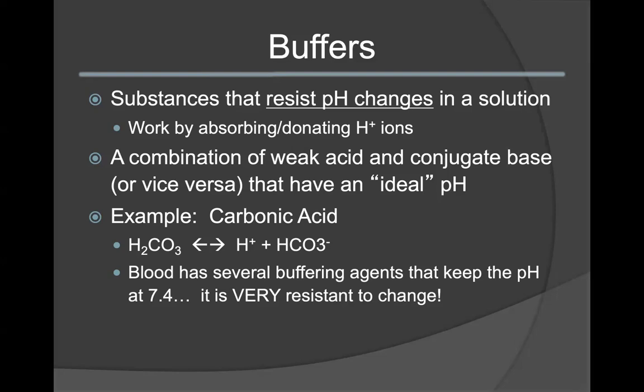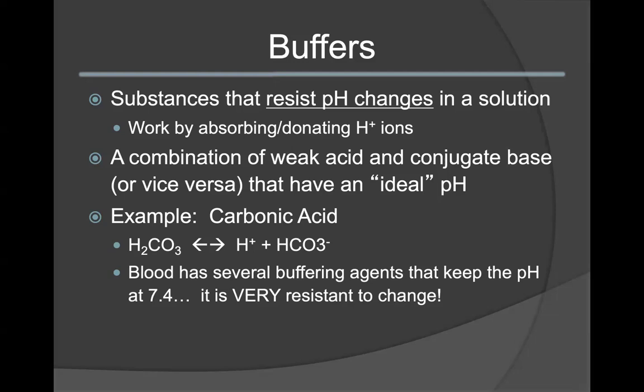So take a look back at the equation for carbonic acid and how it flows between H2CO3 and partially dissociates to H+ and HCO3-. You will see that there are two arrows representing that this equation can be driven in either direction. So if I have excess protons, if my pH is lowering too much, that means that in order to come back up to the proper range, I need to absorb protons.